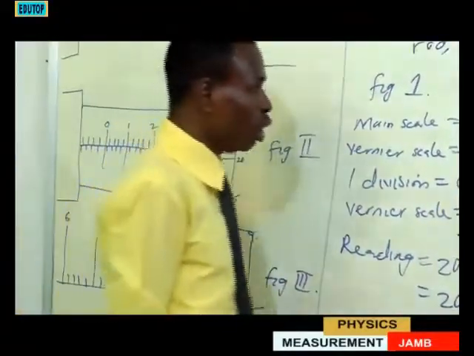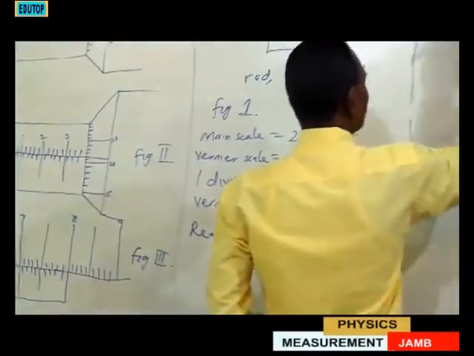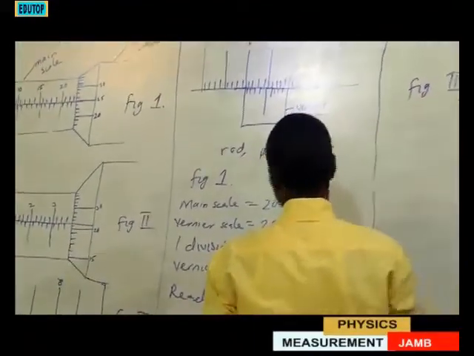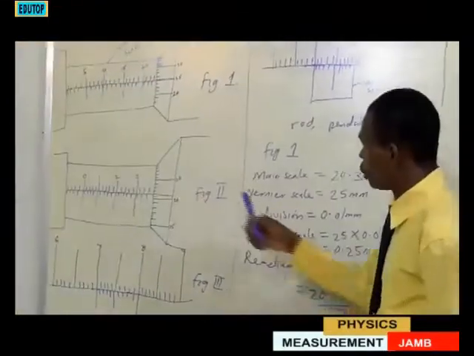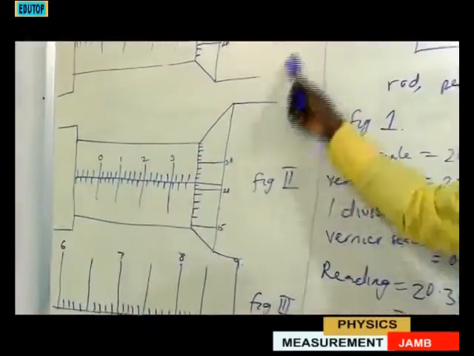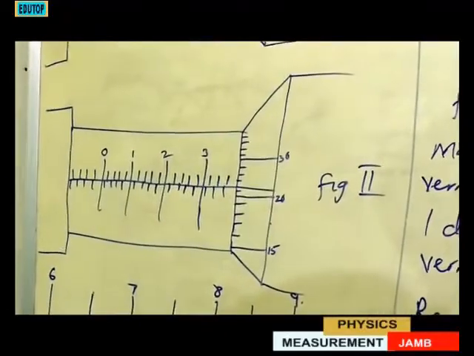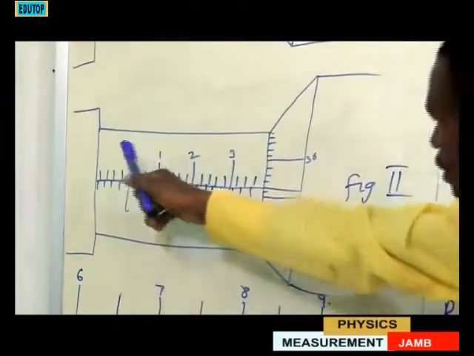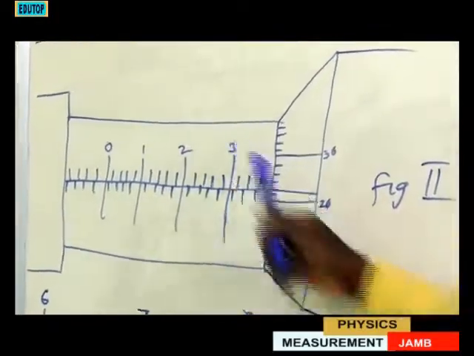For figure 2, the solution. For figure 2, it also has a main scale and a circular scale, or vernier scale. For the main scale, this is 0, 1, 2, 3.